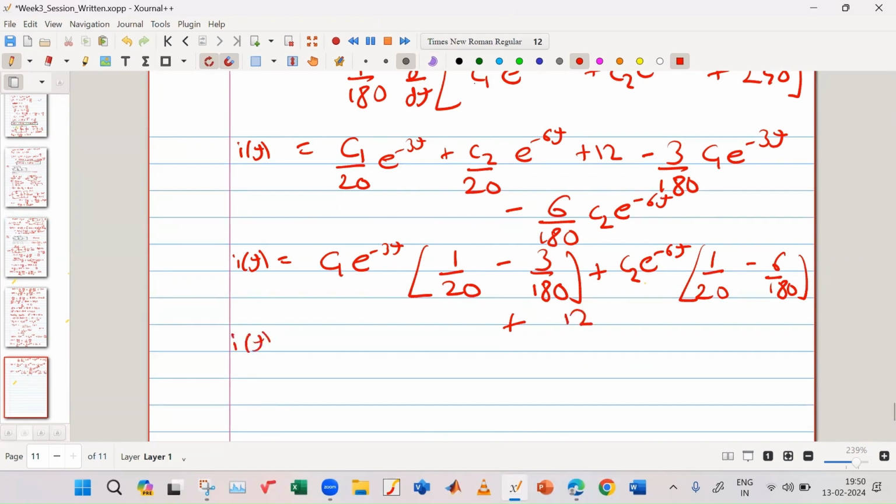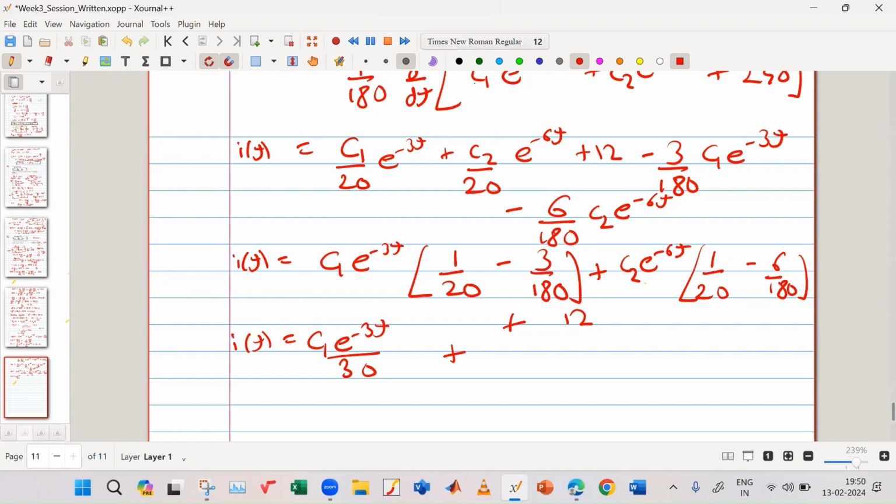So my I of t is equal to, what is 1 by 20 minus 3 by 180? 0.033. So it is 1 by 30.